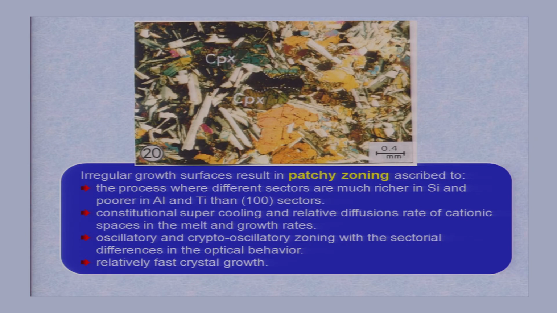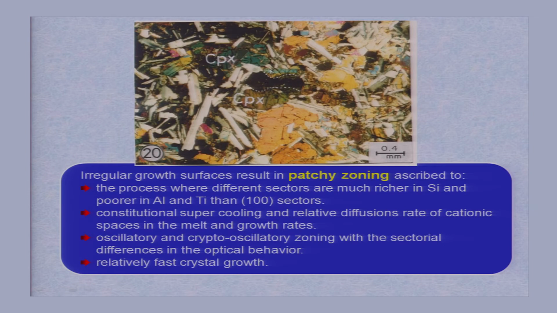This is the implication: constitutional supercooling and the relative diffusion rates of cationic species in the melt and growth rates. This is a second possible reason for the formation of irregular growth surfaces. Oscillatory and crypto-oscillatory zoning is also because of differences in optical behavior.